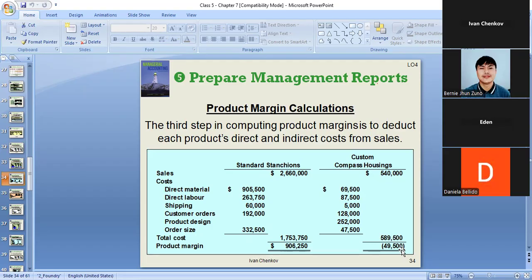And as you can see here, the standard sanction gives us $906,000 product margin, where the custom housing starts losing money, $49,500.